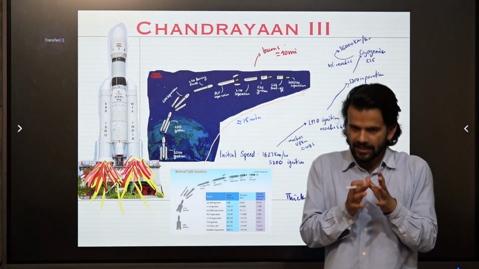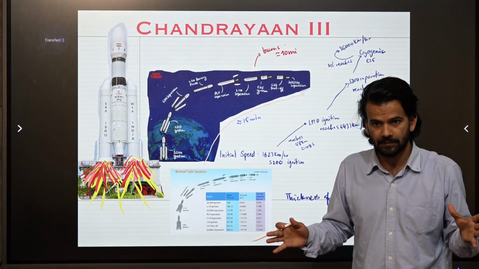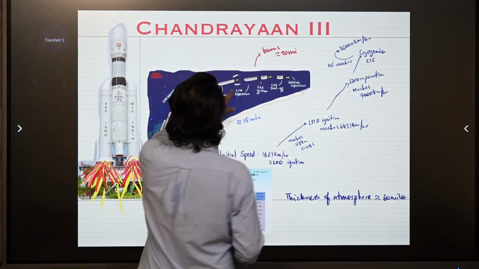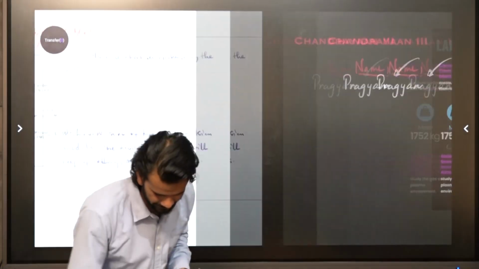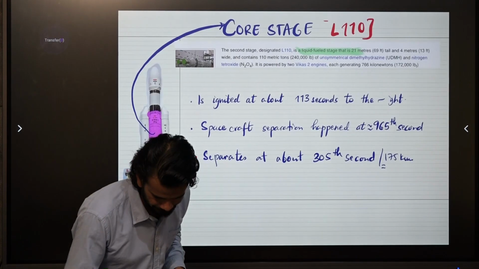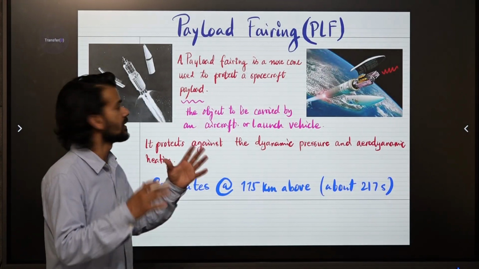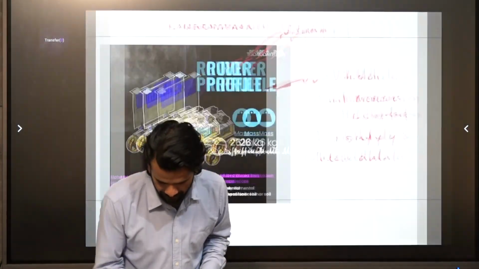As soon as the atmosphere is crossed, you can remove it because it's now more or less safe. So you get rid of the PLF. I have discussed the PLF, the payload fairing. It separates, right?